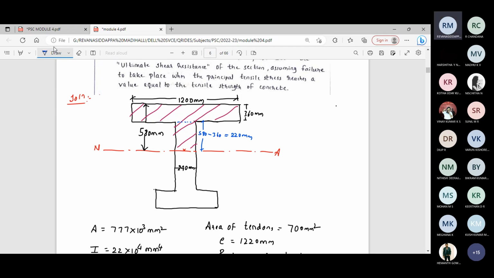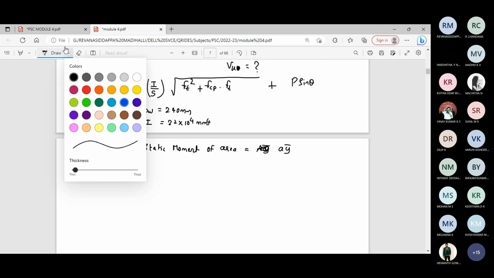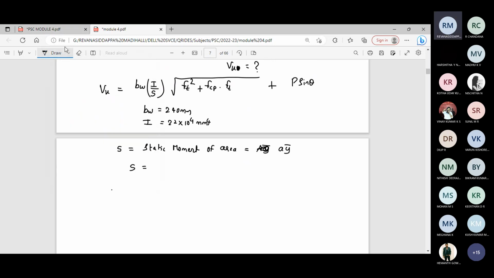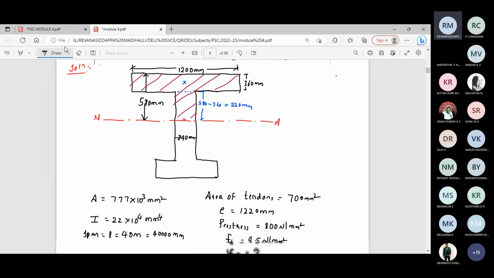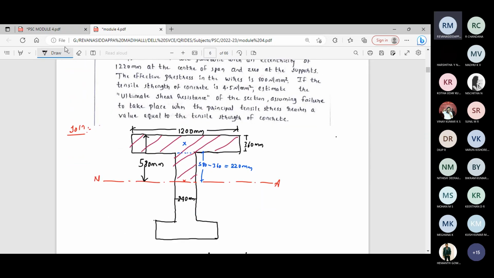First, you find the moment of this flange, 1200 into 360, into the distance of the center of the flange from the neutral axis. So S is equal to, I am finding the moment of the flange: 1200 into 360 is the area of the flange, into Y bar.